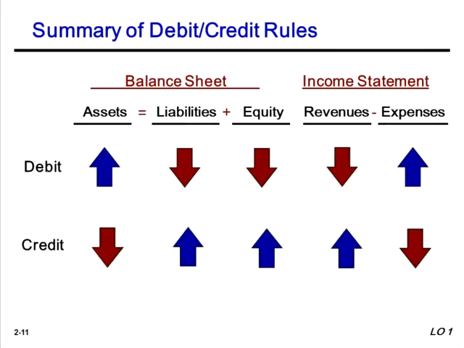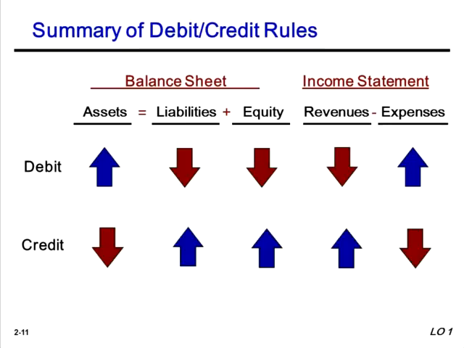And once again, we have a summary of the debit and credit rules, but this time, look at this. It is presented in terms of the accounting equation. Remember what we said: assets must always equal liabilities plus stockholders' equity. And what we also said was that there are other accounts that affect stockholders' equity, namely retained earnings, and those accounts are revenues and expenses.